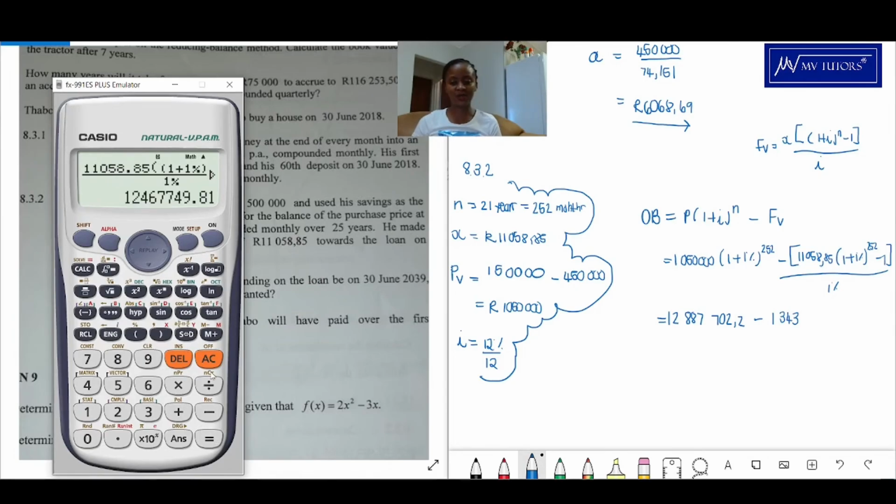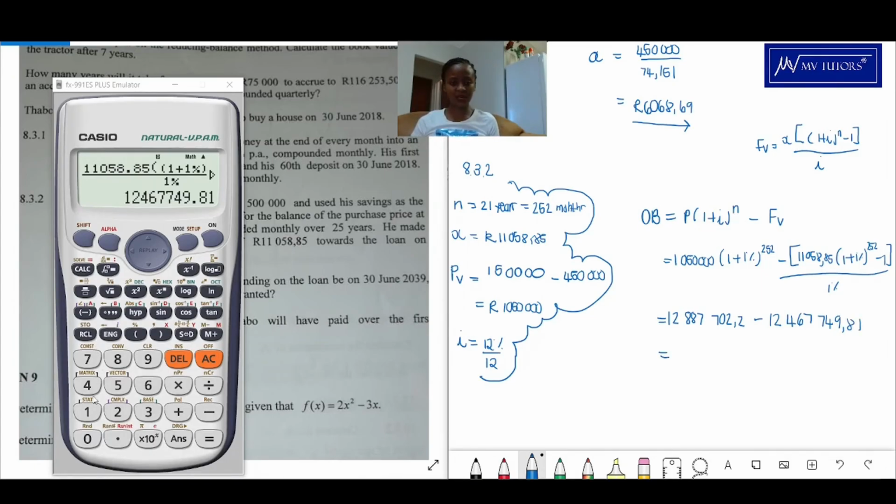See, when you don't put brackets, the mess that it makes. So I have 12,467,749.81.